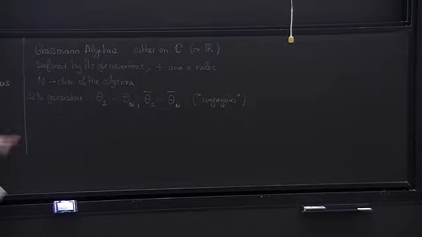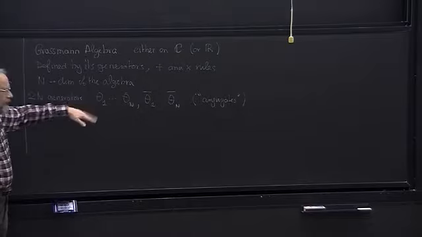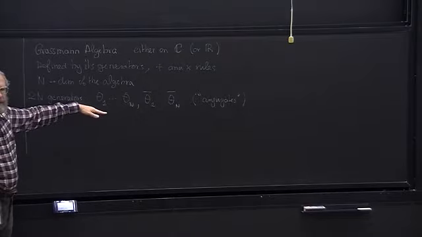Now, an element of the algebra over C is going to be constructed out of linear combinations of products of those elements. And we have to define the multiplication rules for these elements.